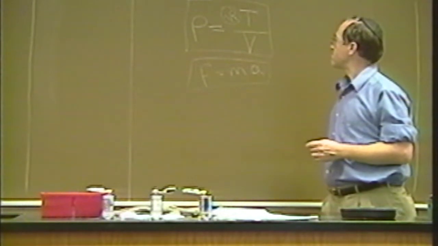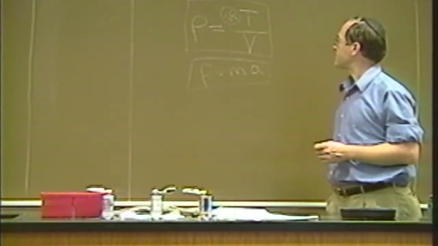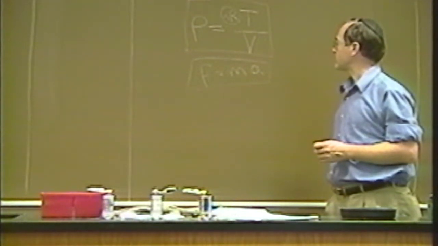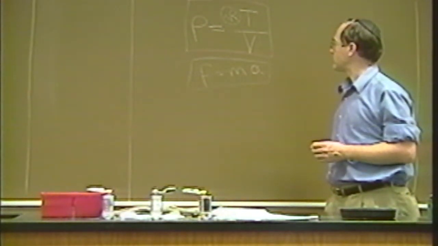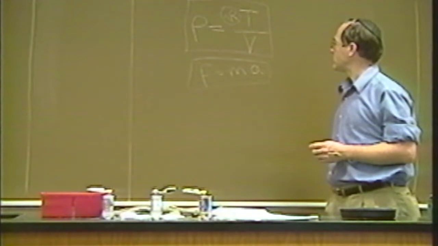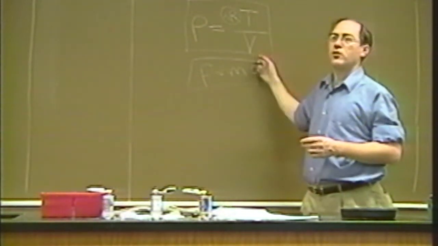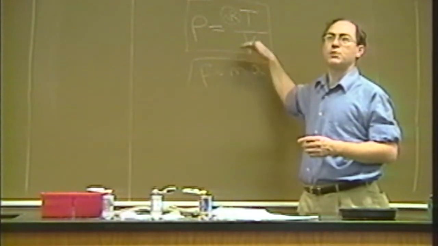They're the same. Okay, why are they the same? Because the acceleration in F equals ma is like saying temperature, because we said that the greater the temperature, the greater the movement of the particles, and the mass is the amount of... Okay, they have similar form, and therefore certain things in here are going to play similar roles.